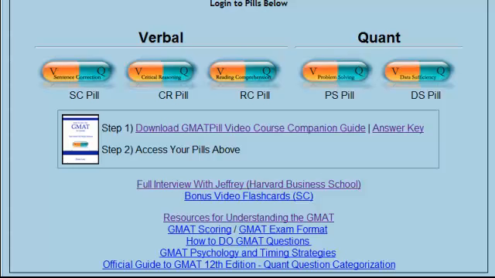As far as my overall impression of the course, I think it's pretty good. It's clear that Zeke Lee has a lot of experience teaching the GMAT. The reason I can tell is because he spends longer talking about the topics that appear more frequently on the GMAT.